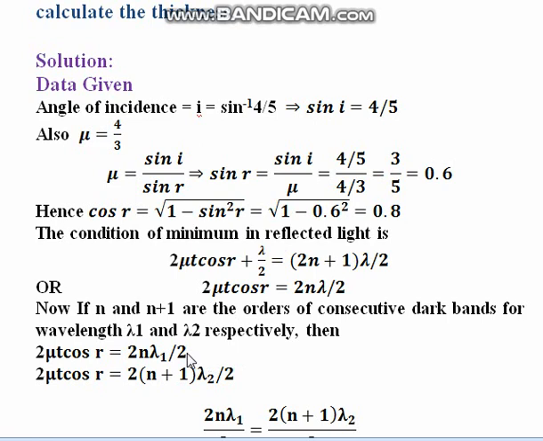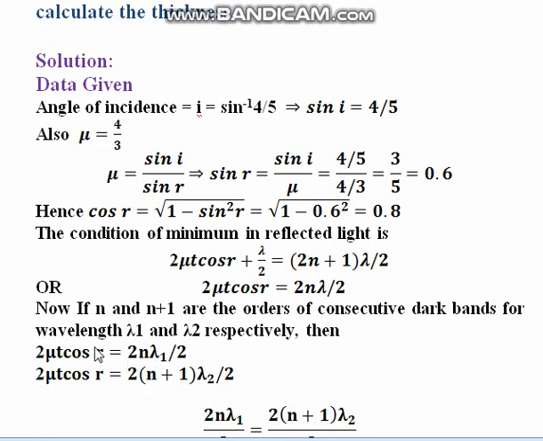The order of lambda 1 is n and the order of lambda 2 is n + 1. Now write the same condition for the lambda 2 wavelength. The order will change, the order is n + 1. Other things remain the same. Mu and t are properties of the film, they will not change. Cos r will not change. Only the order and the wavelength will change.